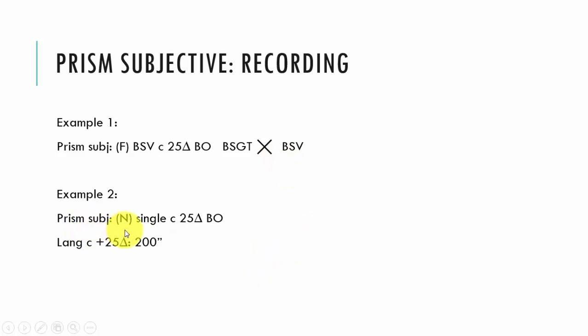Here we have the same, this time performed at near, and the patient had single vision, so one image, with 25 diopters base out. Then when the Lang was performed with this 25 diopter base out prism, they noted 200 seconds of arc, so we now have proof that there is BSV at that distance.